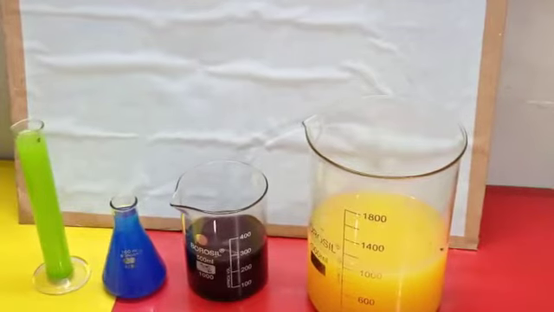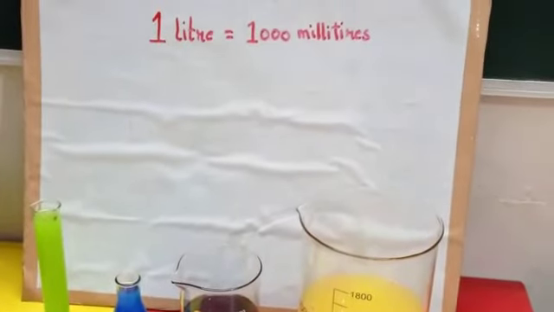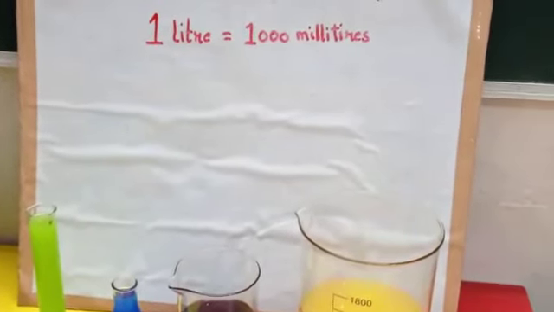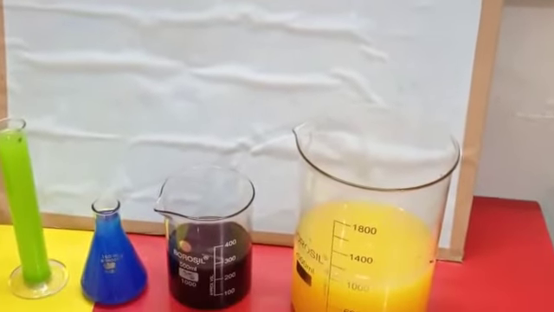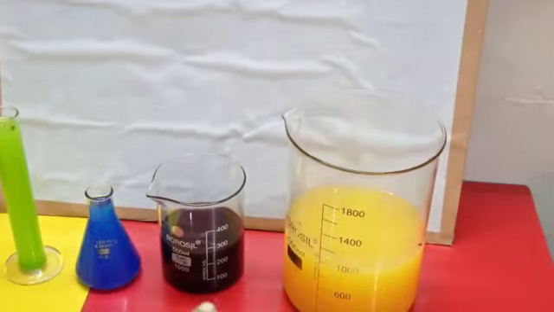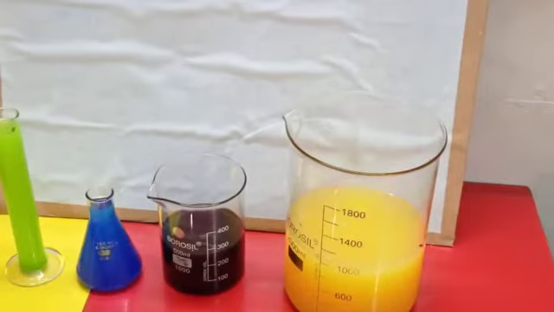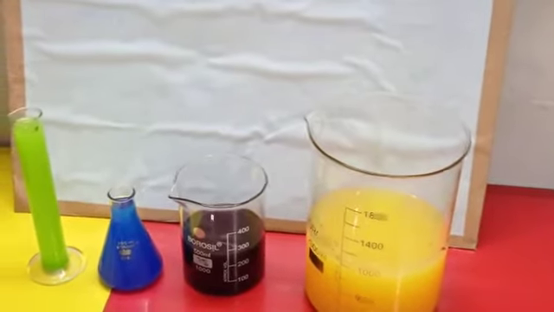So 1000 ml, yes, 1 liter is equal to 1000 ml. So the water in the last beaker is about 1 liter.